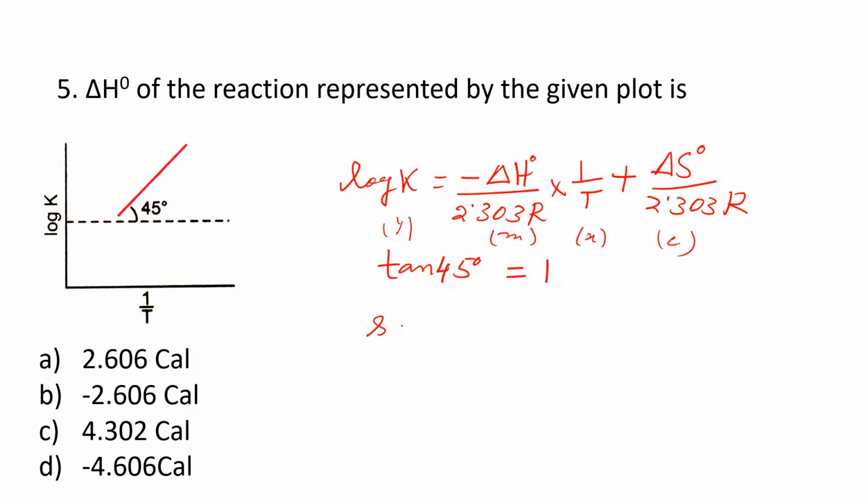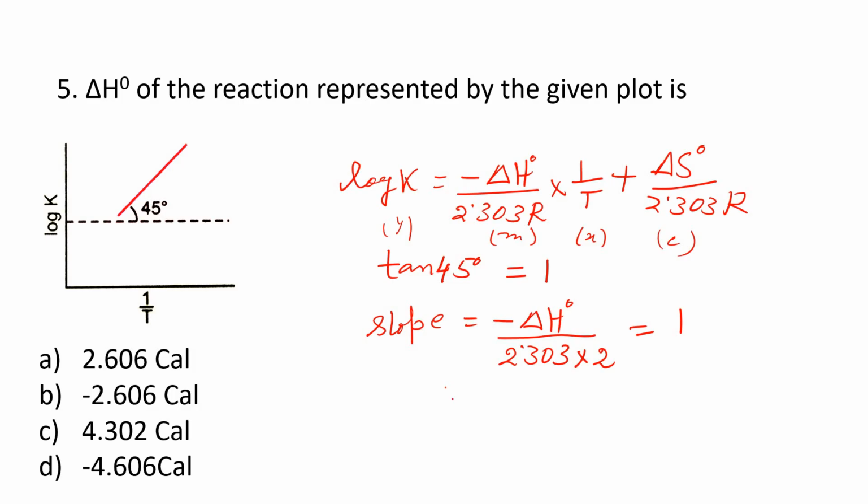Slope is equal to minus delta H naught divided by 2.303 R. R is the universal gas constant, whose value in calorie is 2 calorie. So minus delta H naught divided by 2.303 into 2 is equal to 1. That is the slope.